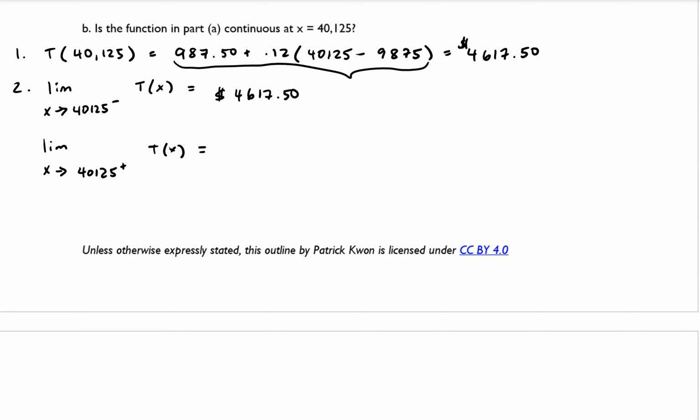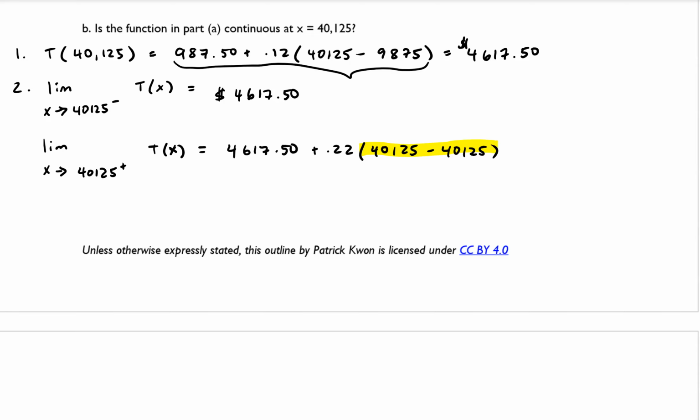In order to do that, we're going to use the third subfunction. So we have 4,617.50 plus 0.22 times (40,125 minus 40,125).